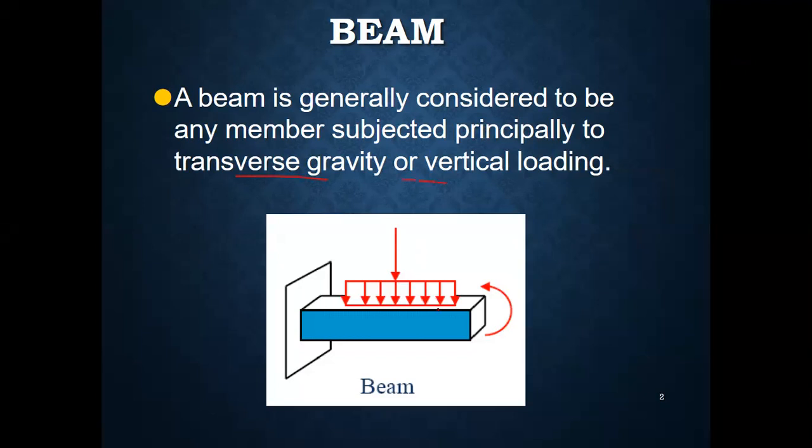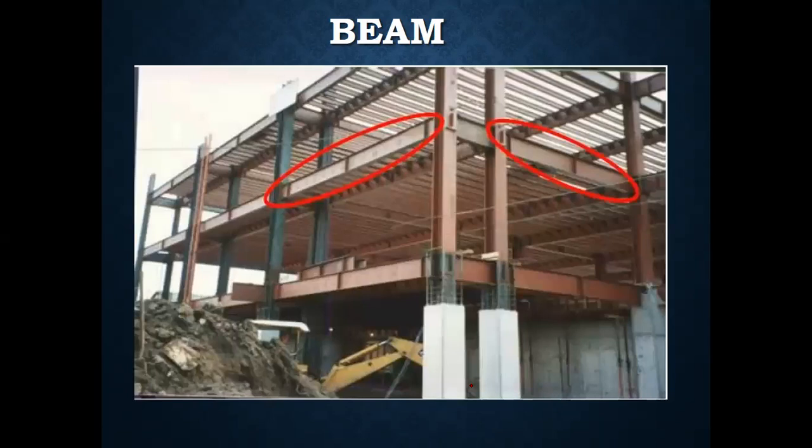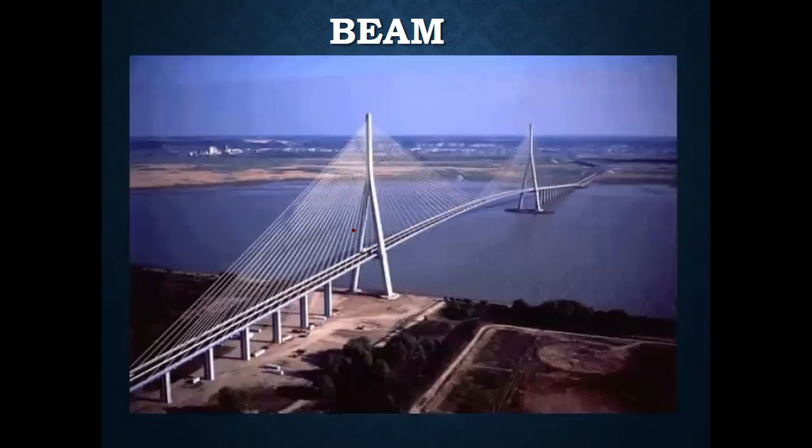So any member which is carrying a load in the transverse direction or in the direction of gravity is termed as the beam, whether it is in concrete structures or in steel structures. So these are the beams, the horizontal members that are basically taking the gravity load of the structures.